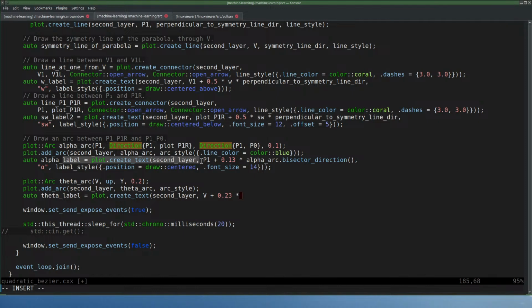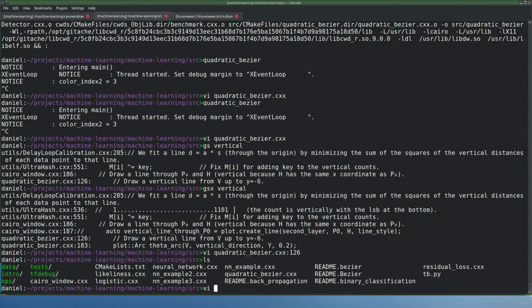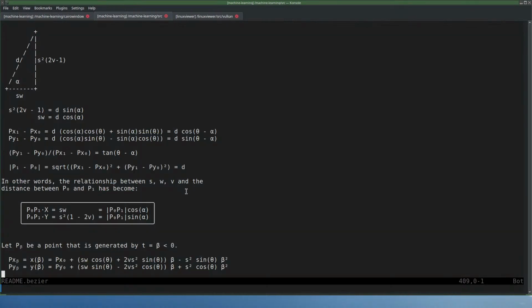Times the theta arc dot bisector direction. And then I need theta. And then we use the same style. Readme. Here is my theta somewhere. Yeah. Let's hope it does that one too.